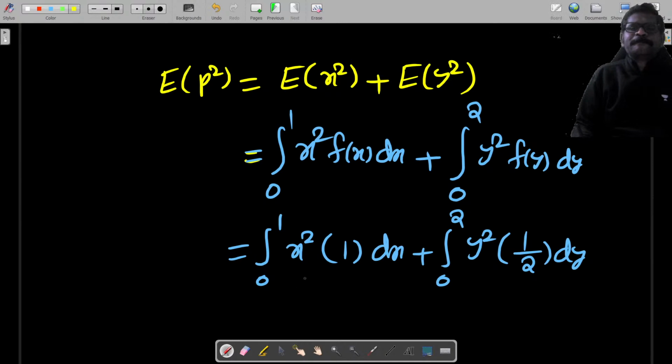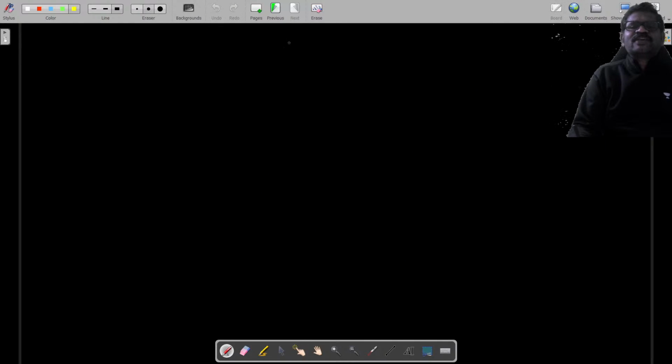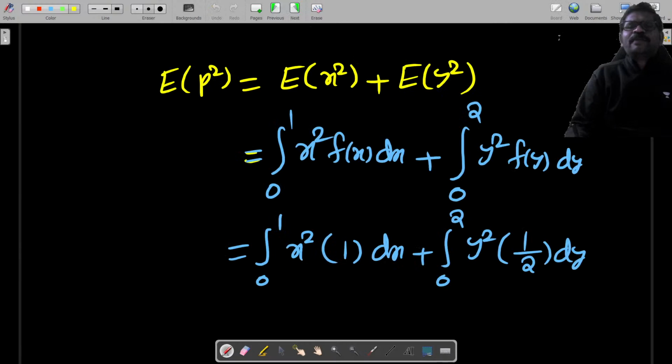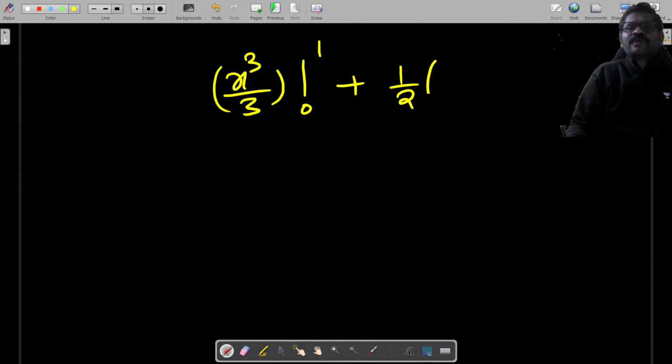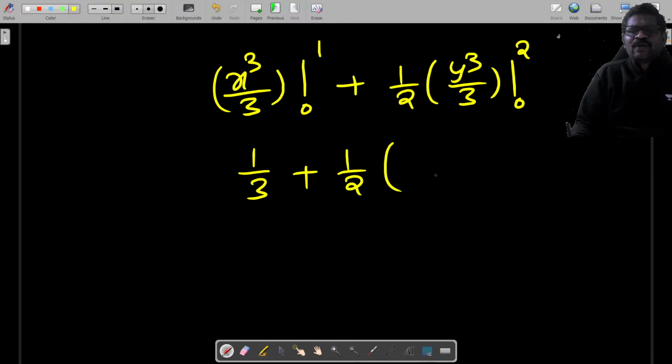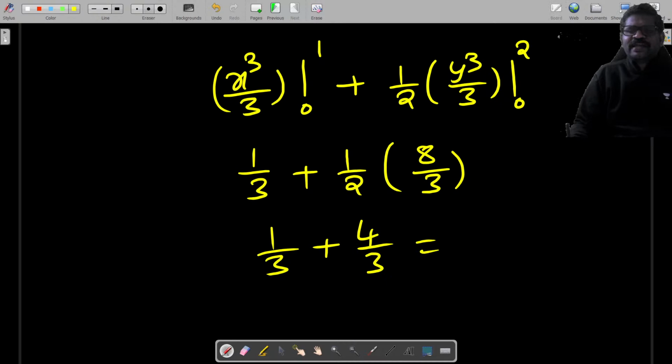Continuation, integral 0 to 1 x square dx is x cube by 3 from 0 to 1, plus 1 by 2 into y cube by 3 from 0 to 2. Applying upper limit and lower limit, 1 by 3 plus 1 by 2 into 8 by 3. 1 by 3 plus 4 by 3, that is 5 by 3.